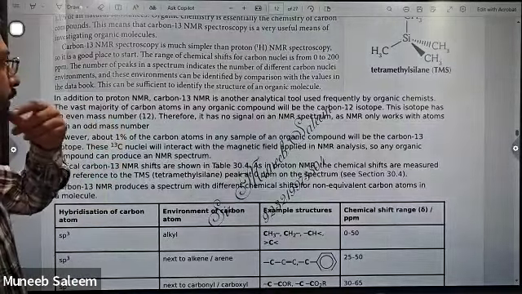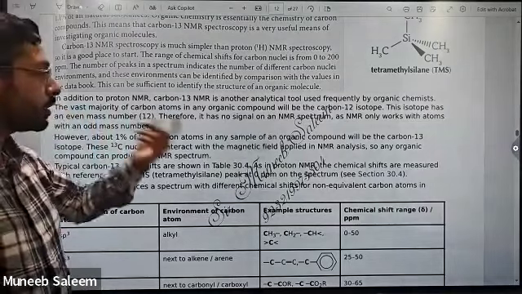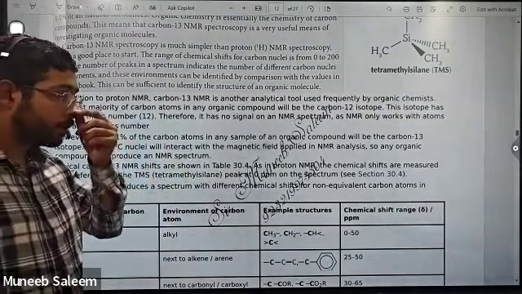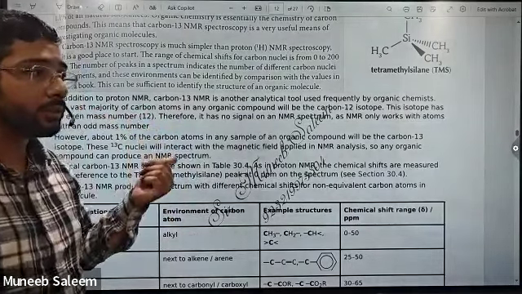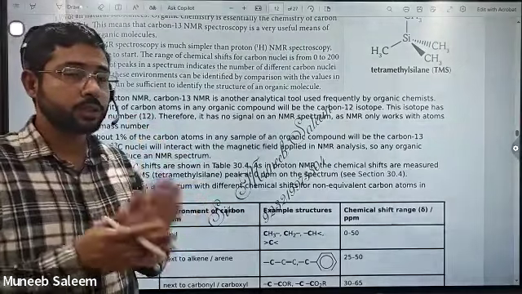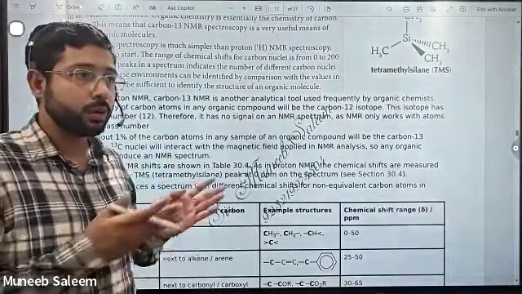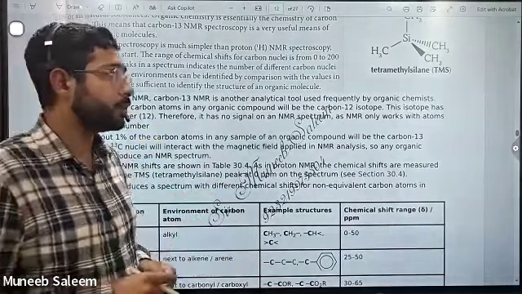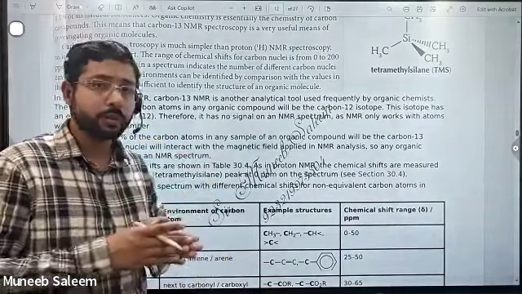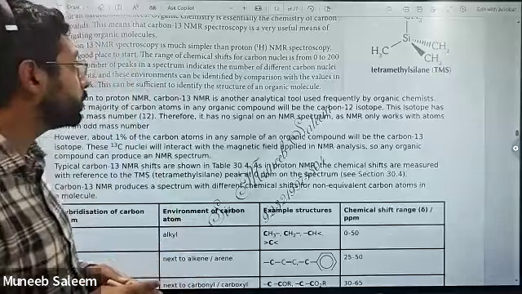Carbon-13 will be used to find the structure of the organic compound, because this spectroscopy indicates how the structure is connected, how one element is connected with another, and how one group of atoms is connected with another group of atoms.